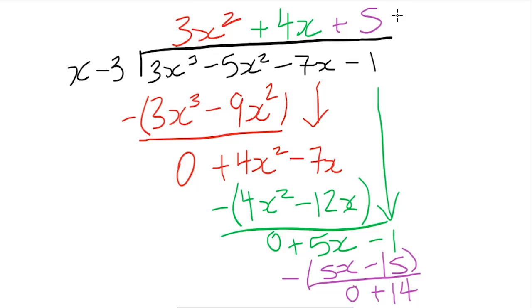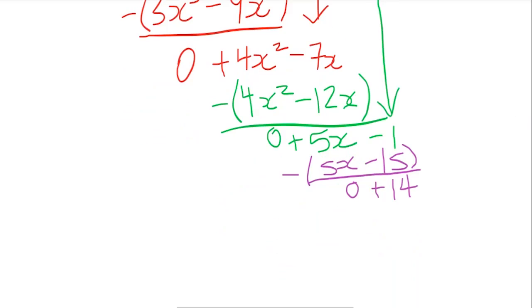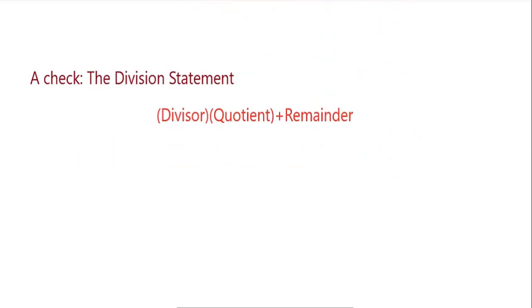Okay, so that is how you divide polynomials. This is an essential skill when you go into factoring polynomials. Now I just want to raise awareness. A way to check if you've done it correctly is to use the division statement. So what you would do is take your divisor, multiply it by your quotient, and add the remainder. We even use this with regular division, what we were doing a long time ago.